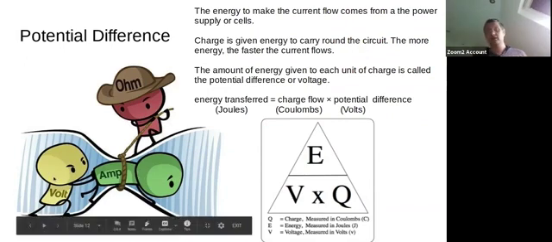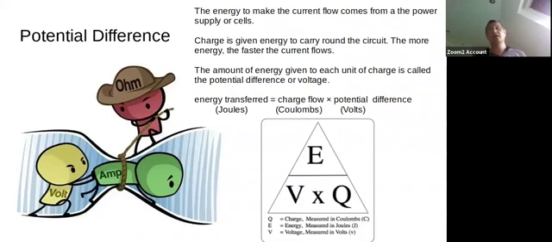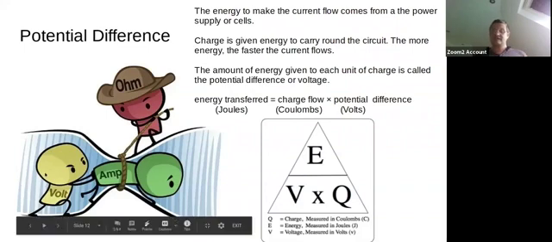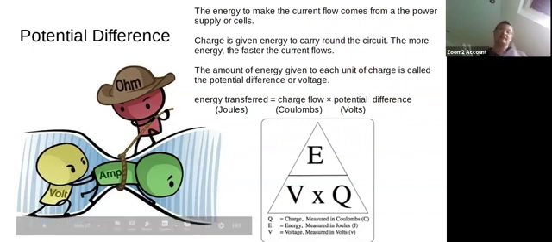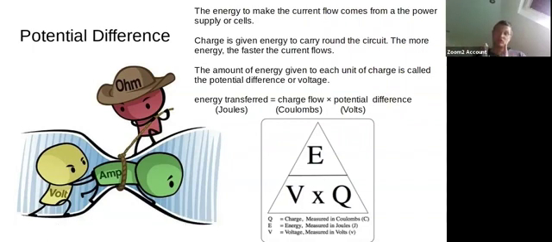The more energy they've got, the faster the green person's going to go, because they're going to be able to push them harder because they've got more energy. Potential difference is a measure of how much energy is supplied to each unit of charge, to each coulomb of charge. So 1 volt of potential difference is 1 joule per coulomb of charge.